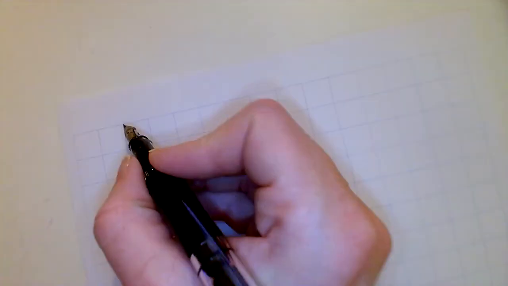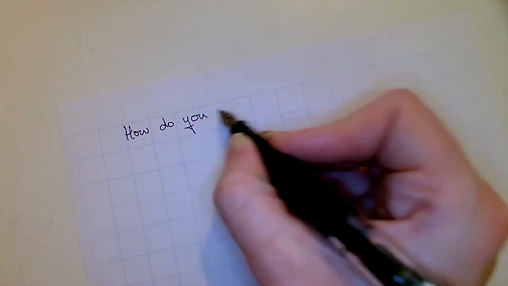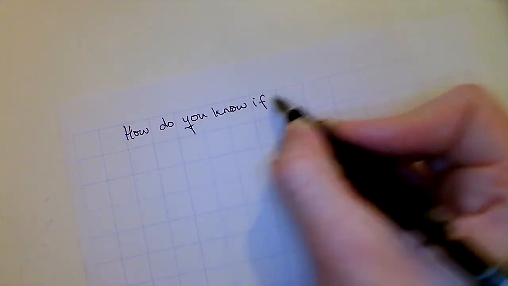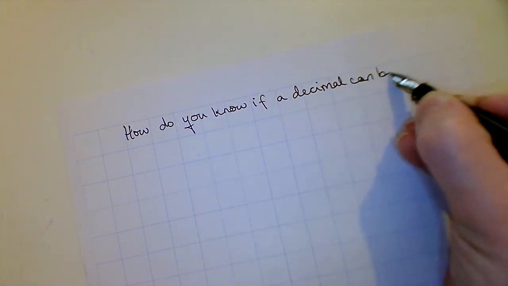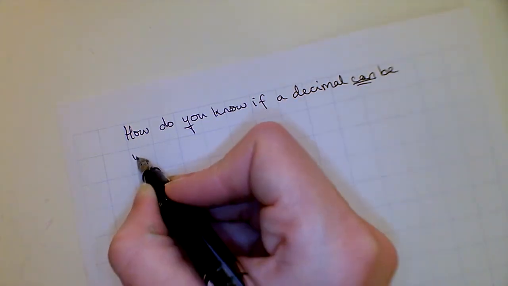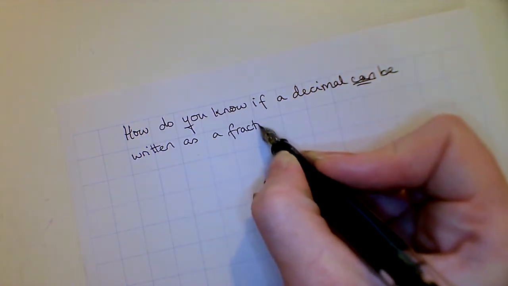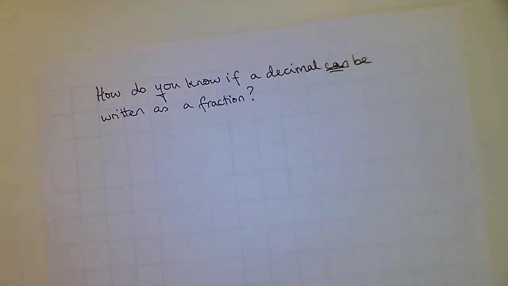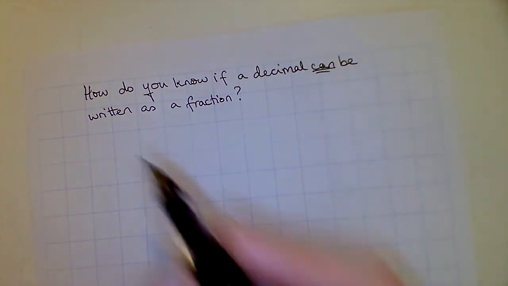How do you know if a decimal number can be written as a fraction or not? If you see a decimal number, how do you know if a decimal can be written as a fraction? Well, there's a very easy way of checking.